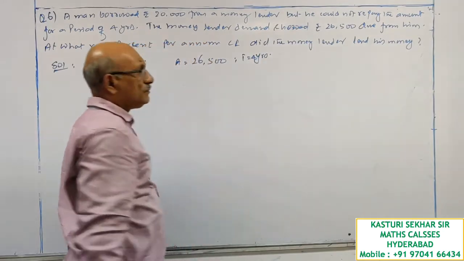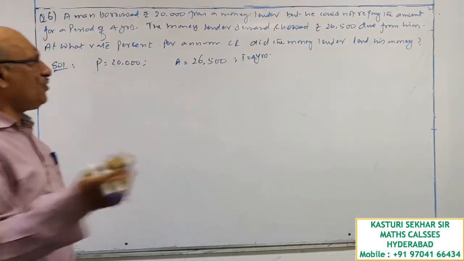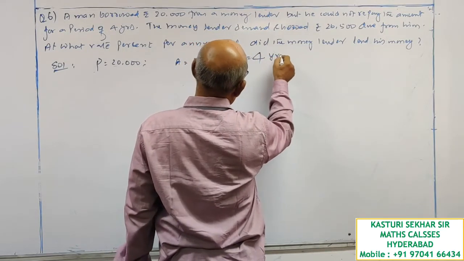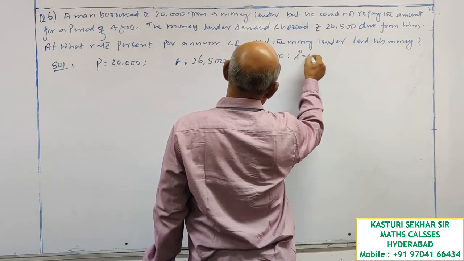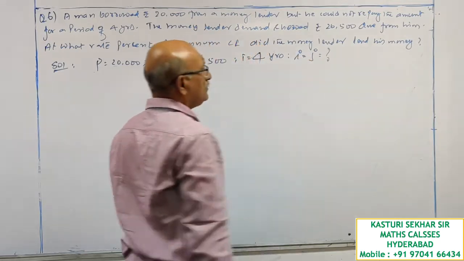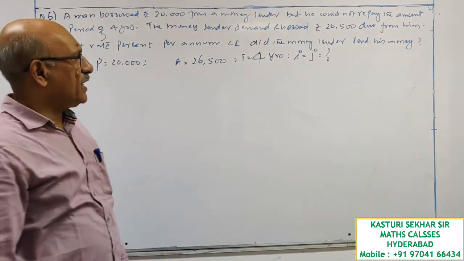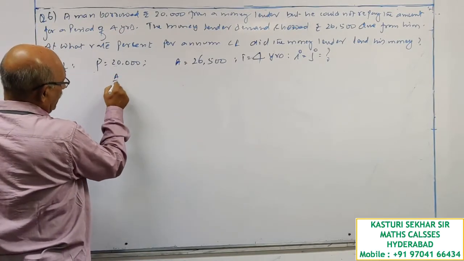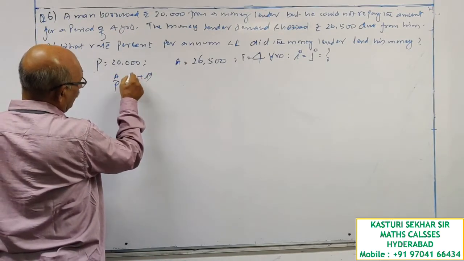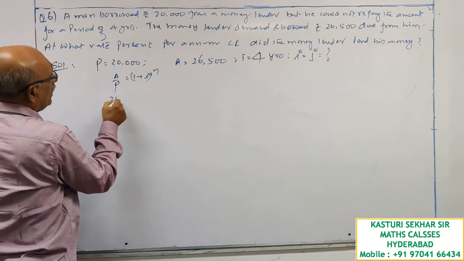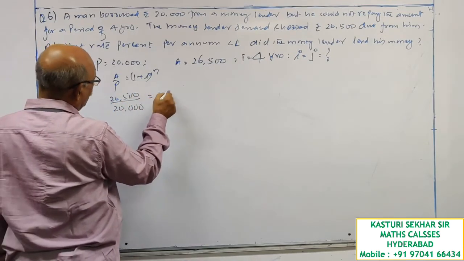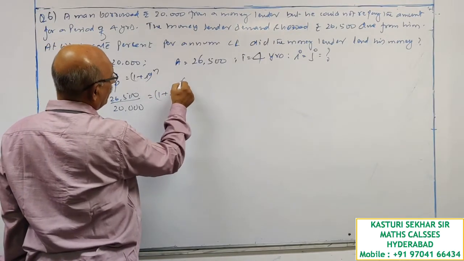Time is equal to 4 years. I is equal to J is equal to question mark. Here it is annual rate of interest, no conversion is required. So amount by principal is equal to 1 plus I whole power n. 26,500 by 20,000 is equal to 1 plus I whole to the power of 4.